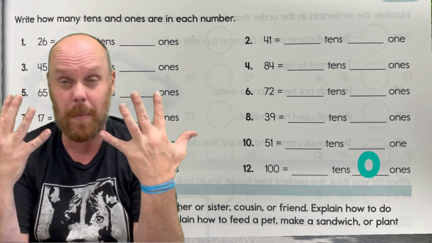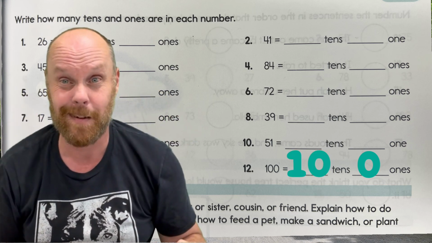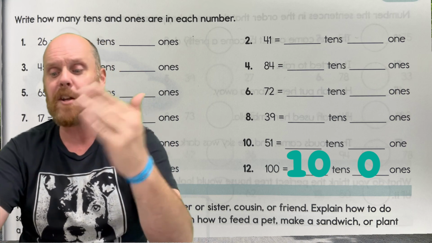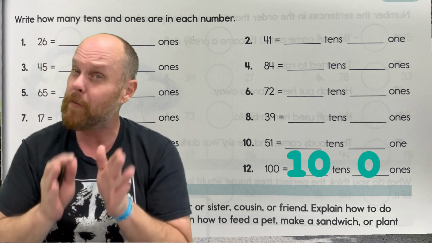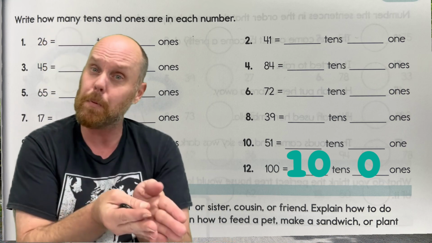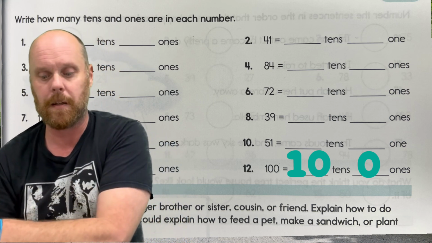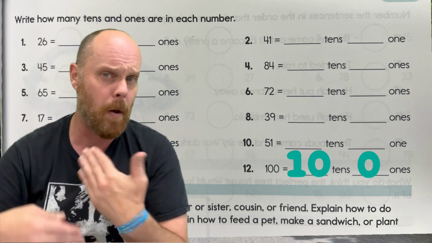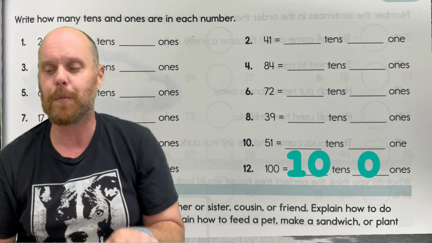How many tens would that be? It would be 10. All right? So as you look at those numbers, see if you can figure out what's in the tens place and what's in the ones place.